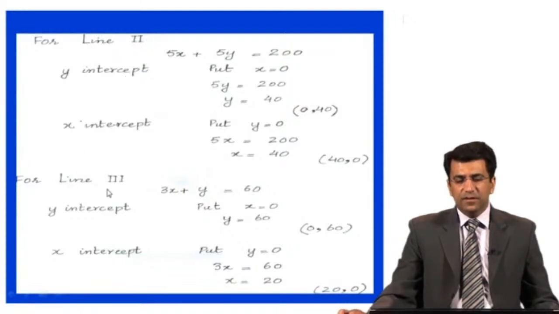For the third line, again the equation is 3x plus y is equal to 60. That is, we have converted that inequality constraint into the equation form. Putting x is equal to 0 we get y is equal to 60. Putting y is equal to 0 we get x is equal to 20. Again, we have two points, which can be used to draw the third line on that graph.